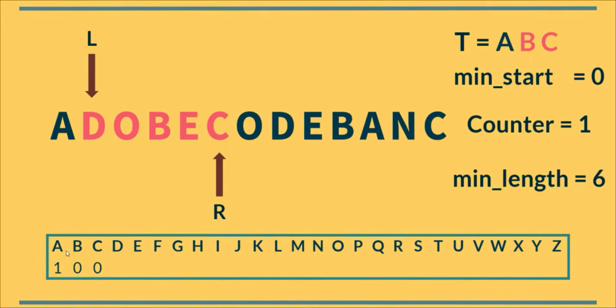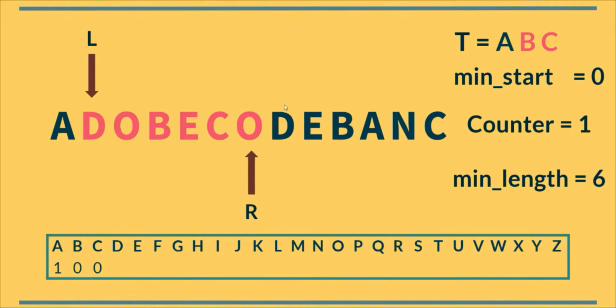And since it has now become a positive value again, we will have to increment our counter variable. So at this point, our counter variable becomes 1 and it is no longer 0, which means this is no longer a valid substring.